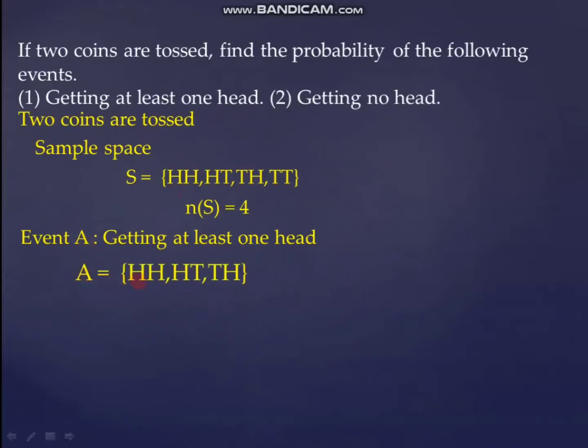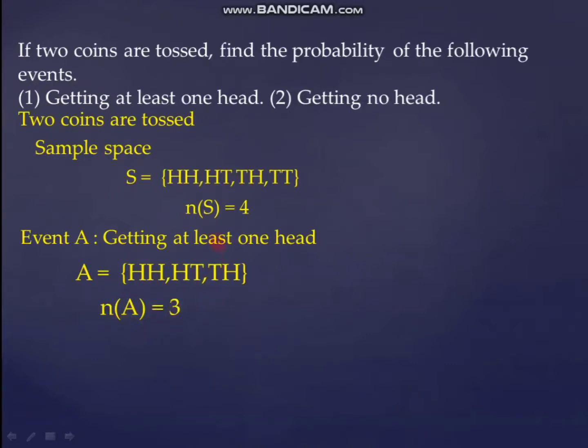So the set A contains HH as it has both heads, HT and TH. So these are the three elements we can take from the sample space S. We cannot take TT because it does not involve a head, as both the coins are tails. So the number of points in this set is 3. That's why n of A is equal to 3.